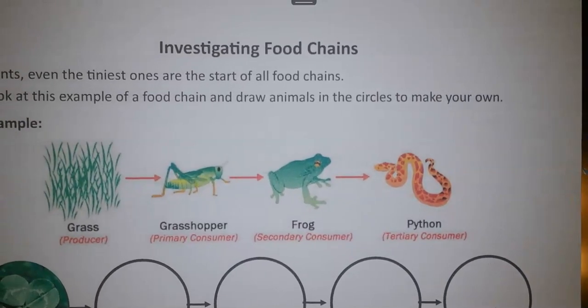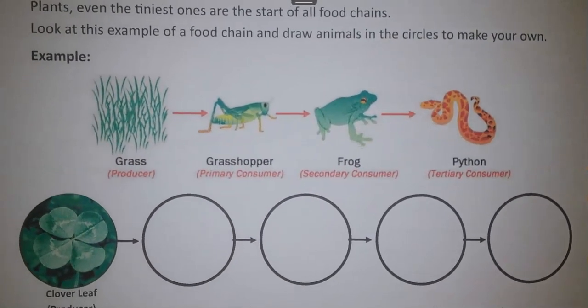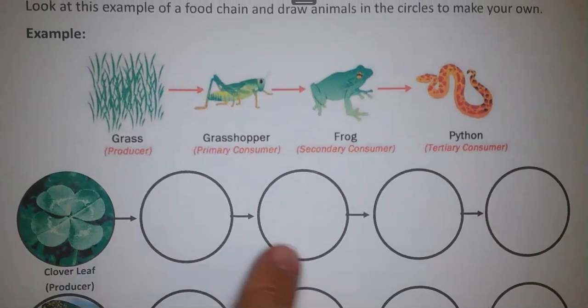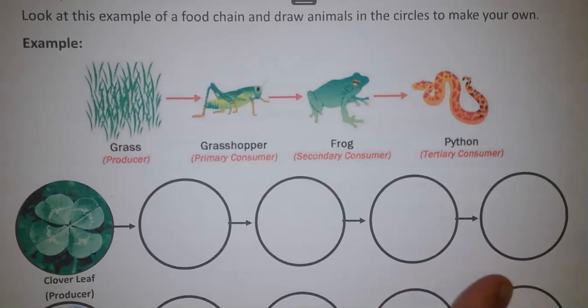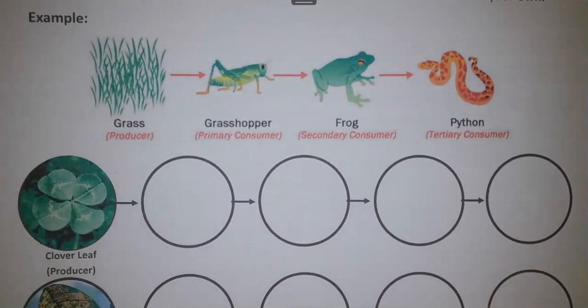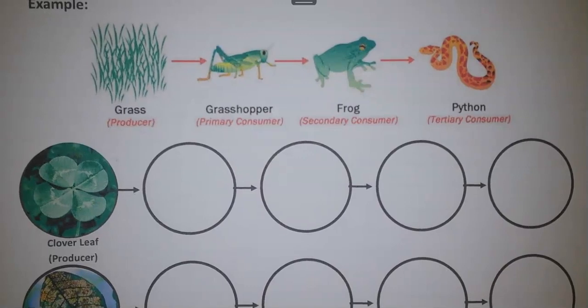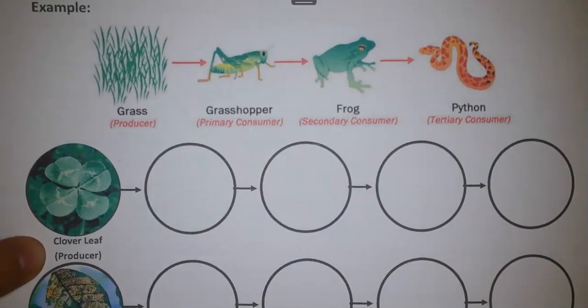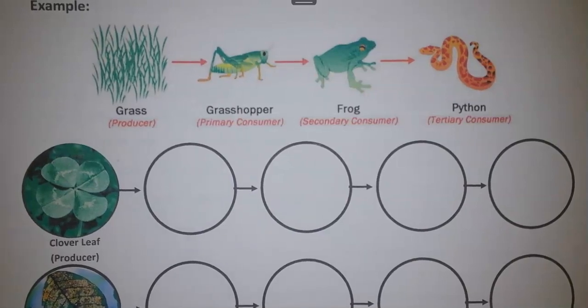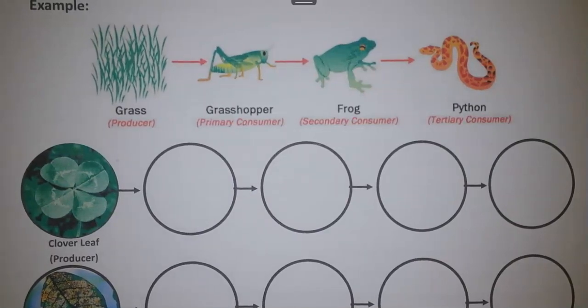Now, your assignment is to draw in and label what type of consumer the organism is going to be. So, for example, the first one that you have, I've already given you the clover leaf, and that is a producer. Now you would go online and look up, Google, clover leaf food chain.